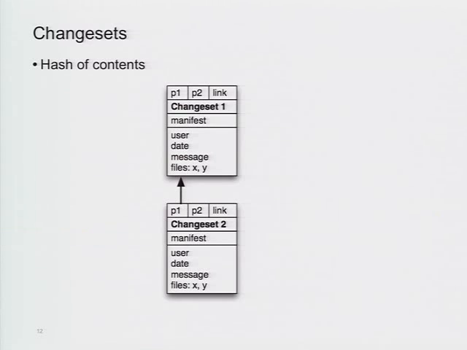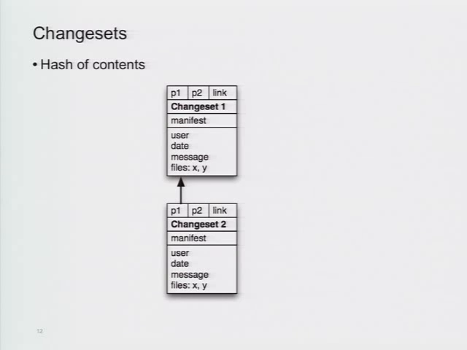So we've got this graph here. Each node in the graph is a change set, a single patch, and the edges in the graph are ancestry relationships. We identify a change set by the hash of its contents, and the contents are enough to uniquely identify the change set.